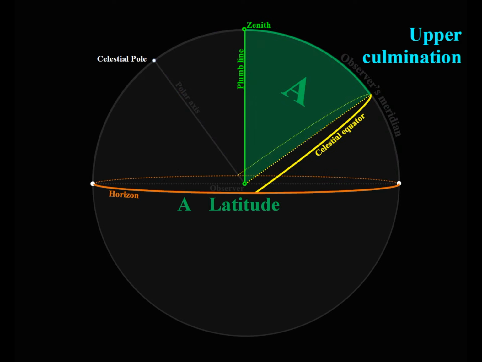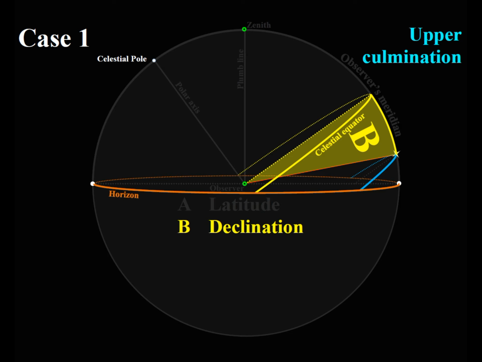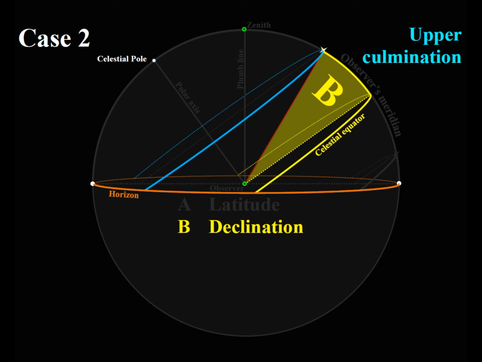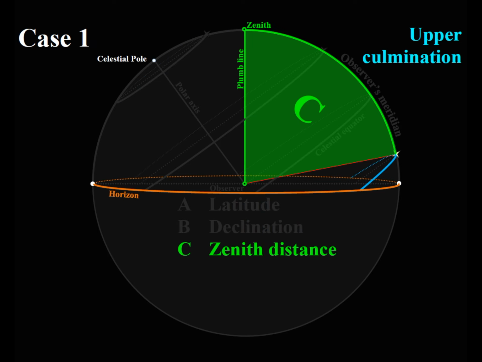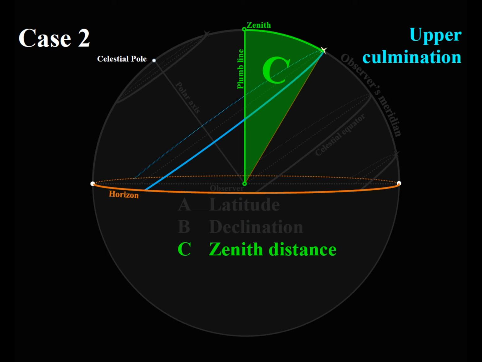This angle corresponds to your latitude. Declination in the first case, in the second case, in the third case. Zenith distance in the first case, in the second case, in the third case.